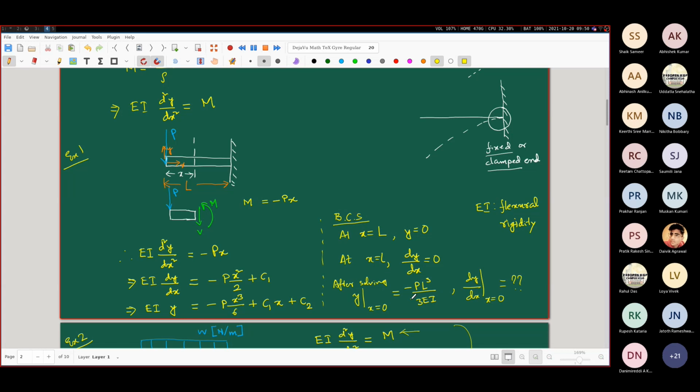So this is a very elementary result, and these kinds of results are often tabulated in your textbooks. Okay, so if you have been studying from Beer and Johnson, you can refer to one of the appendices near the end of the textbook. You will see a list of various deflections and slopes of the common beam situations with different boundary conditions.